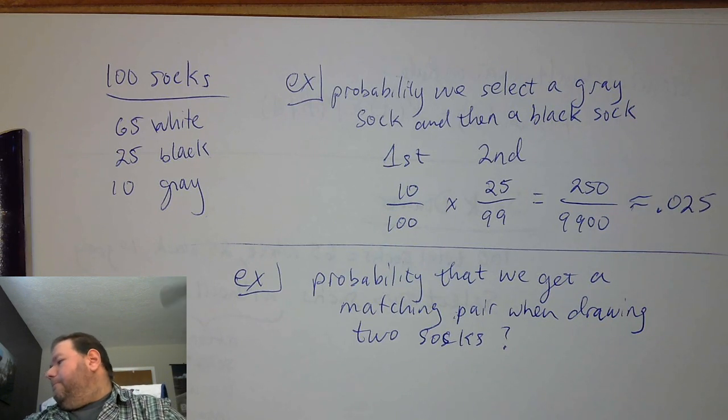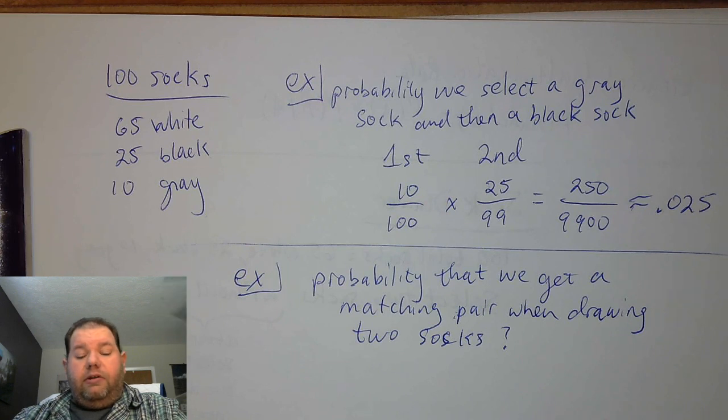Okay. So we don't necessarily care what color, especially if we're using these 3 colors. Probably we don't really care too much which color we're using. But what's the probability that we get any matching pair in choosing those first 2 socks? Now, that means we either want 2 white socks, 2 black socks, or 2 gray socks.